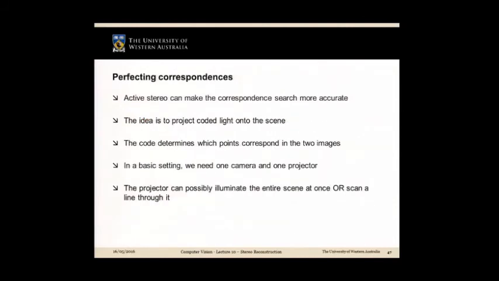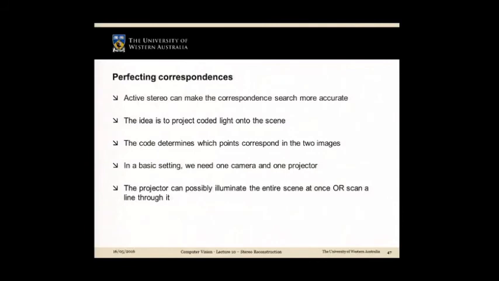Now, for perfecting these correspondences, you have active stereo, which can make the correspondence search more accurate, right? What is the idea behind active stereo? The idea is to project coded light onto the scene, and the code determines which points correspond in the two images.